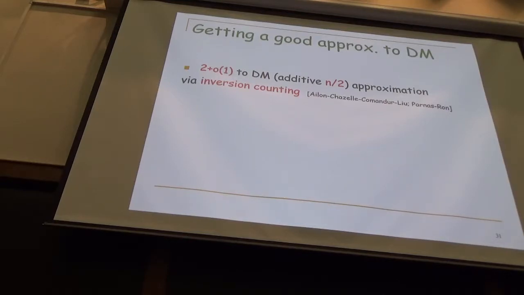Okay. So the first notable work on this problem was some work independently by Alon, Chazelle, Commander Leo, and Parnas Ron. Whoops. There's a missing name. It's Parnas Ron and Ani Rubinstein.